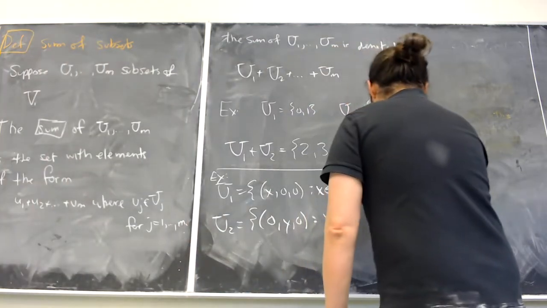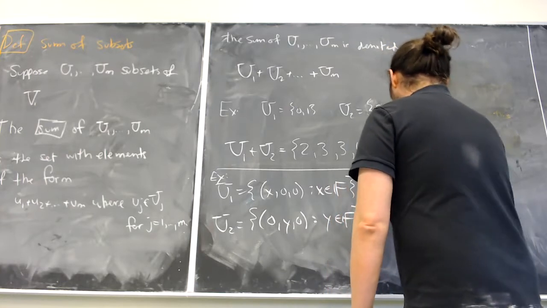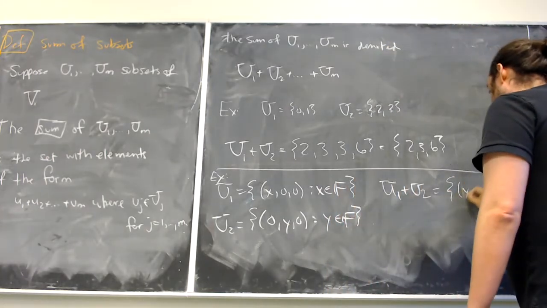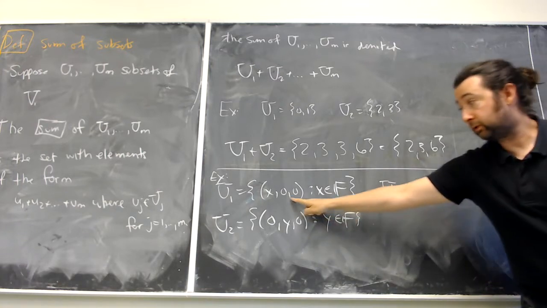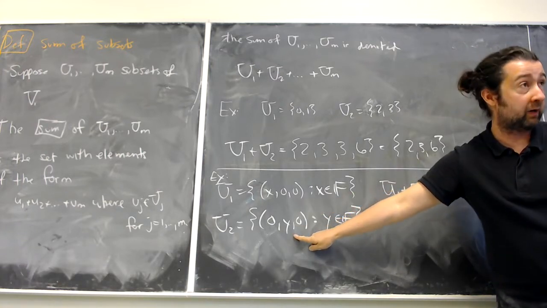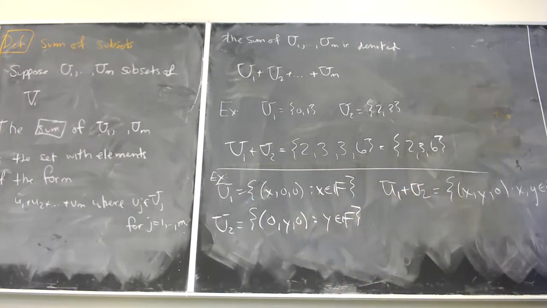Then U1 plus U2 is equal to the set of things that look like x, y, 0, where x and y are in the field. It's everything that looks like this plus everything that looks like that. So the set of possible objects that comes out looks like free choice in the first slot, free choice in the second slot.